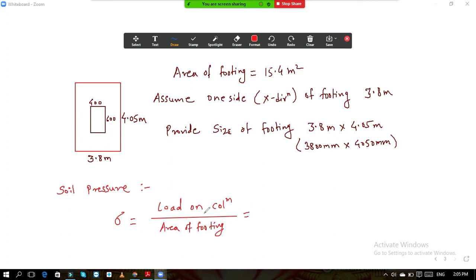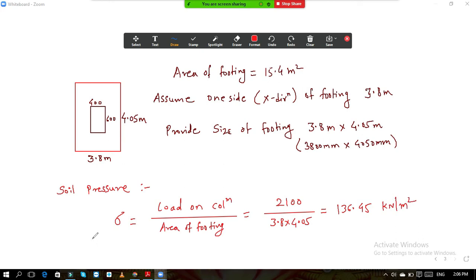What is the load on column? Load on column is 2100 divided by area of footing. How much area of footing is there now? Now our footing is 3.8 by 4.05, and it is kilonewton per meter square now. So you will get the answer over here. It is 136.45 kilonewton per meter square. This is the pressure intensity.